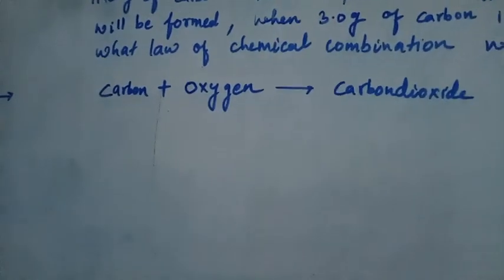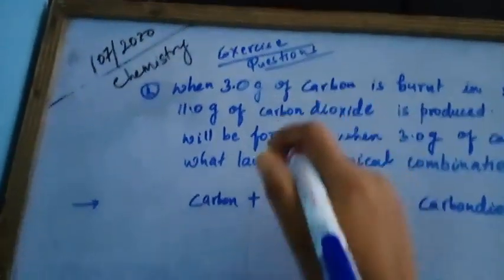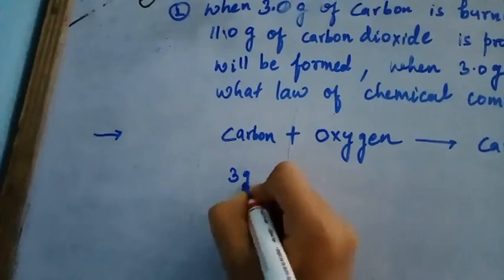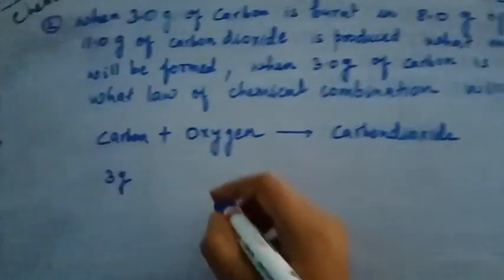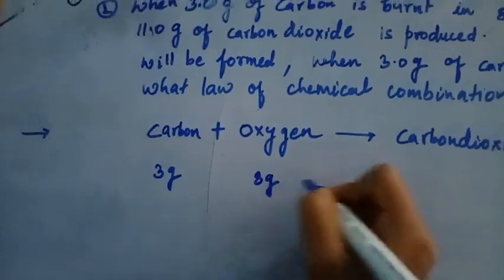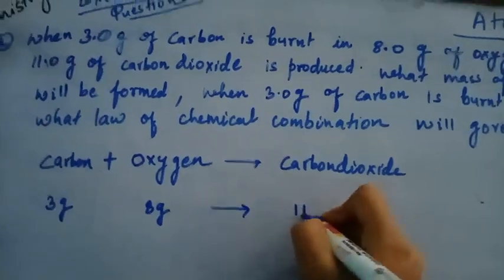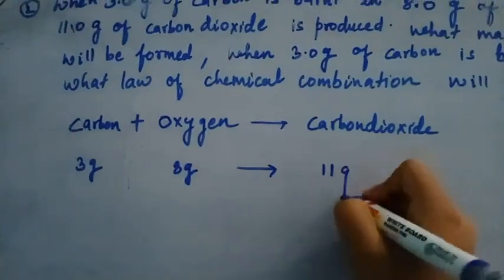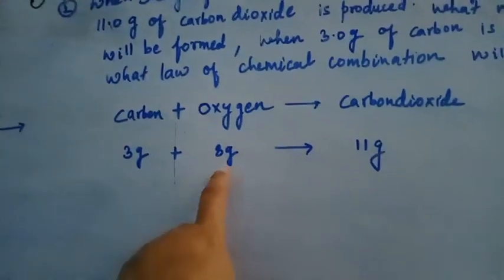Here 3 grams of carbon is burnt in 8 grams of oxygen, then 11 grams of carbon dioxide is formed. So 3 grams reacting with 8 gram forms 11 gram.